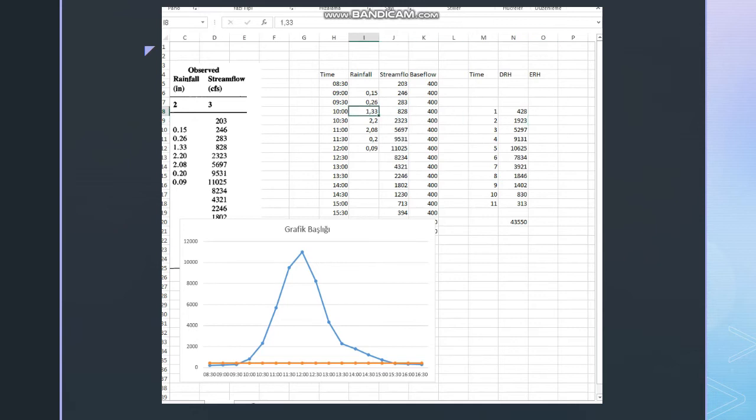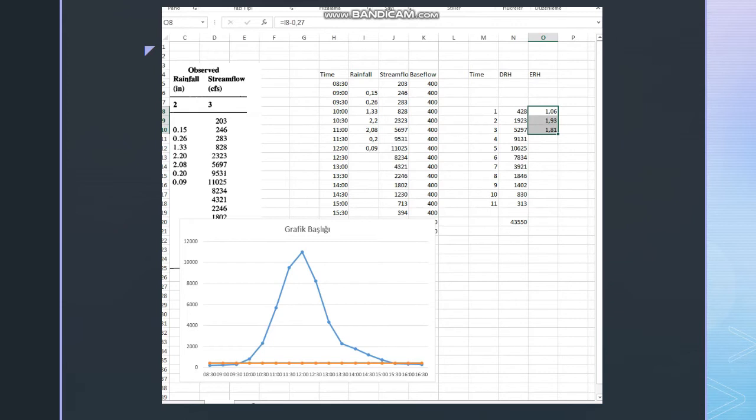So we make it equal to this rainfall minus 0.27. So 1.06 and 3 ones, right? 1.06, 1.93, 1.81. When we go up, you will see this is all minus, which is impossible. So we just delete it.